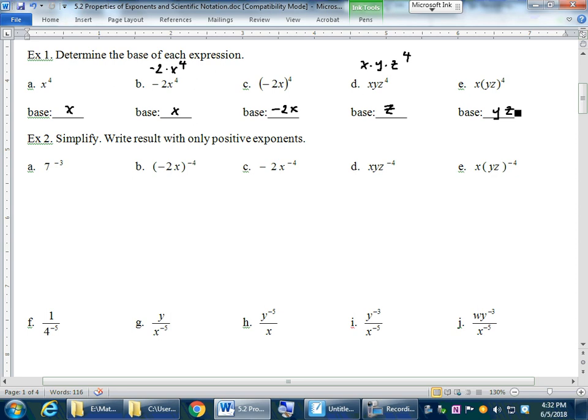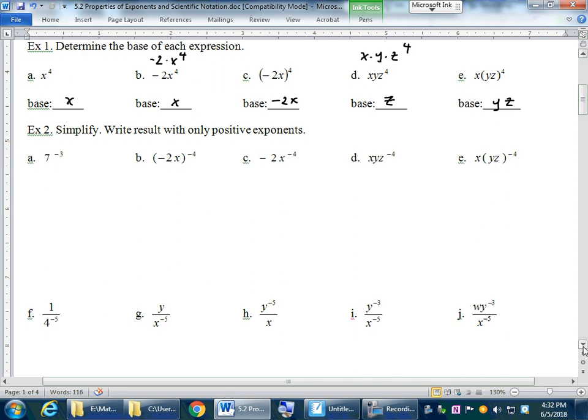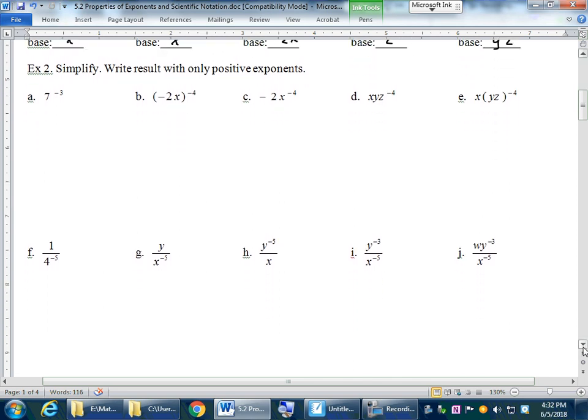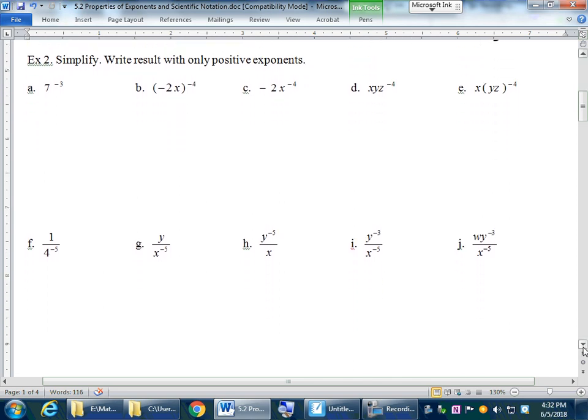Now we want to simplify these algebraic expressions, exponential expressions, using the properties of exponent. First up, we cannot compute a negative exponent. So I have to use property number 7 to rewrite it into a positive exponent, which means reciprocating the base.